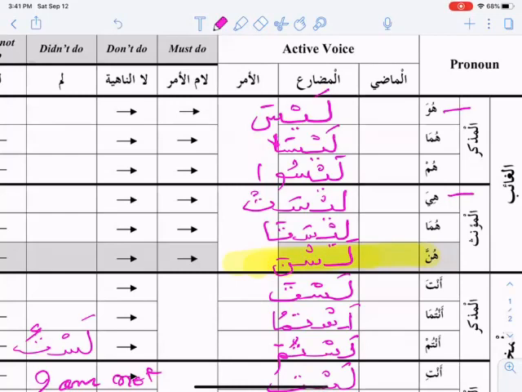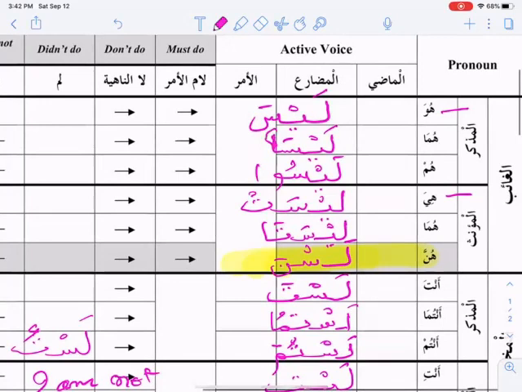The fa'il will come afterward or before in both of these cases, but then here the fa'il is here. This is now ism laysa. The waw is ism laysa. This fa'il is ism laysa, mustatir. Laysata.